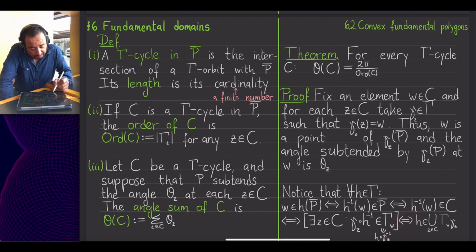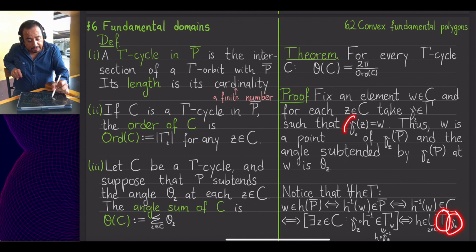You see, this being in the stabilizer is equivalent to H being in the corresponding right coset. So this happens if and only if H is in one of the right cosets of the stabilizer of W by these elements that take the elements of C to W.